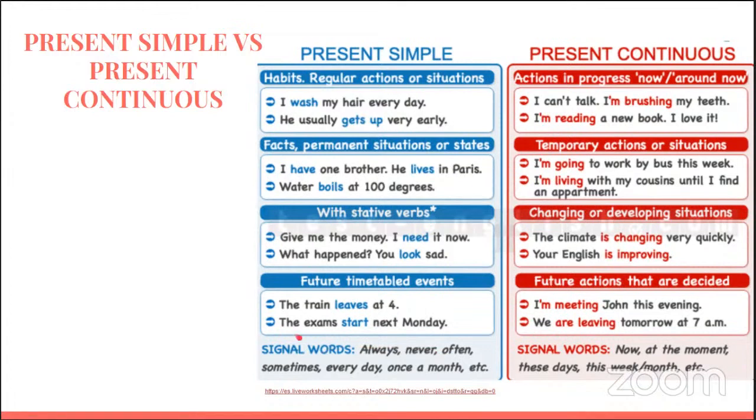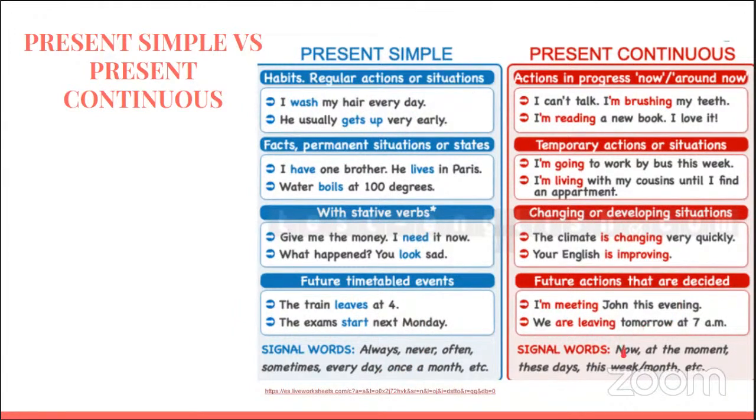So whenever you see these words in a sentence, automatically you have to choose simple present tense. Whenever you see always, never, often, sometimes, every day, once a month, etc., you're talking about the present simple tense.